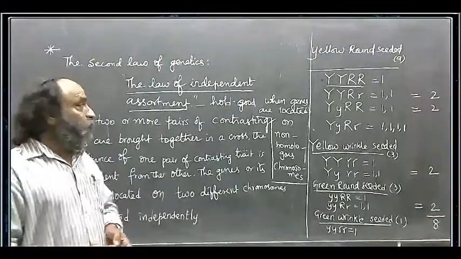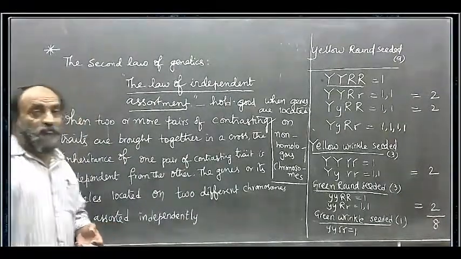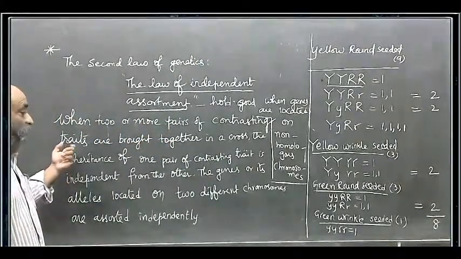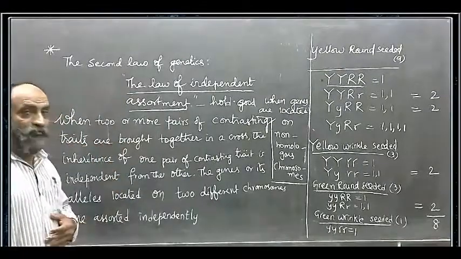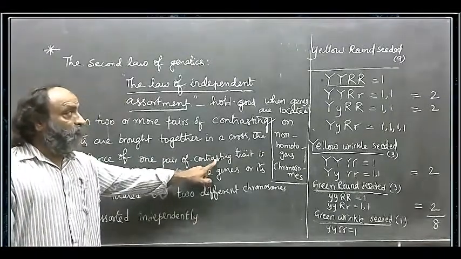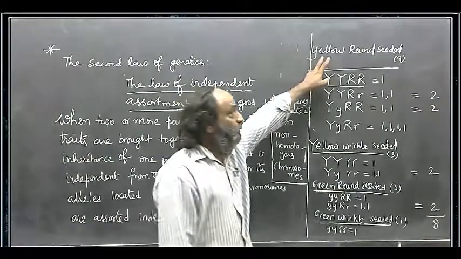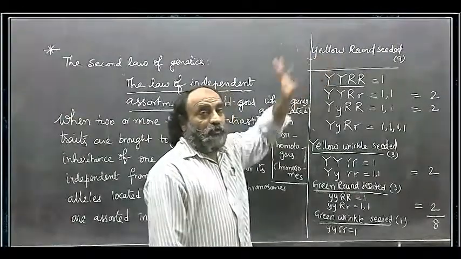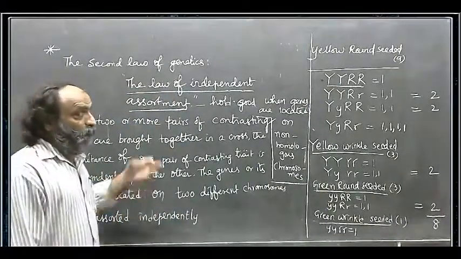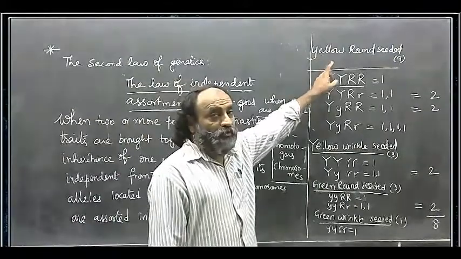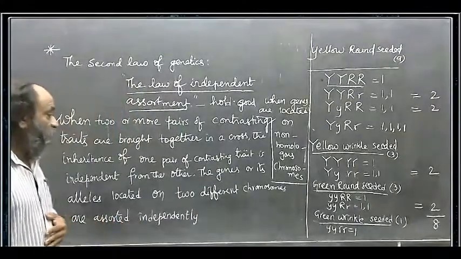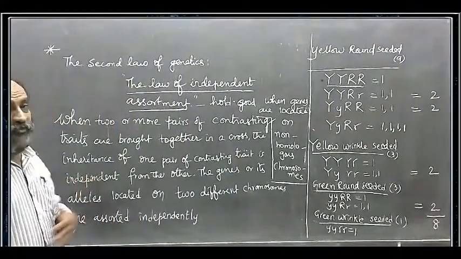And the law of independent assortment states that when two or more pairs of contrasting character traits are brought together in a cross, the inheritance of one pair of contrasting traits, for example the color of the seed, is independent of the inheritance of the shape of the seed.